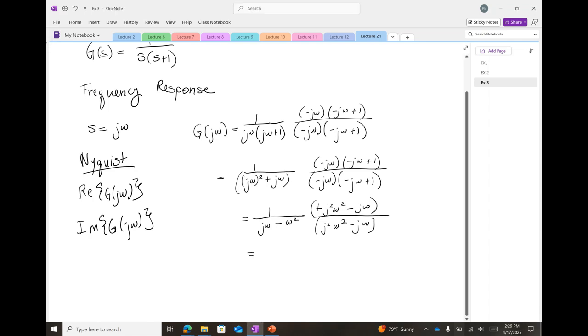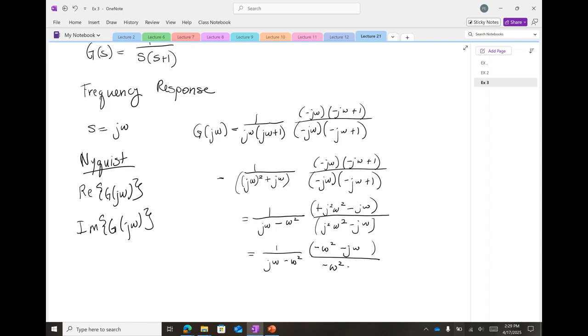Okay, if we simplify this, we get 1 over j omega minus omega squared. And so you see here, j squared is minus omega squared minus j omega. So this is indeed the complex conjugate of this guy. I can rewrite it so you'll see it more clearly, but if I just flip the order here, minus j omega minus omega squared. So this is indeed the complex conjugate.